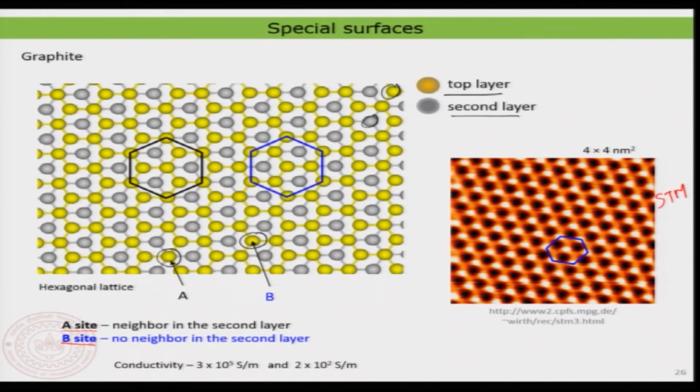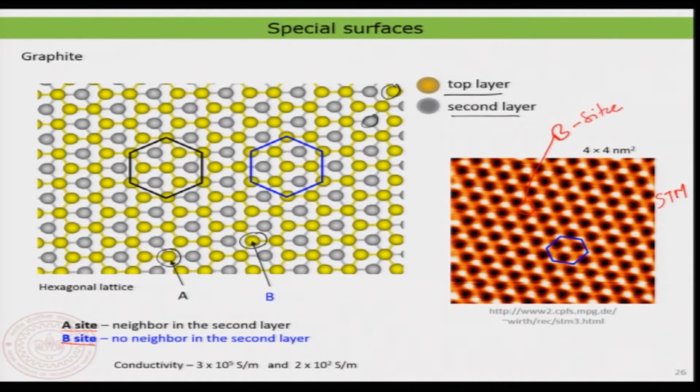Now, if I connect the A type atoms together and the B type atoms together, then I can actually just draw two hexagons easily on the surface. The interesting thing is that in the STM topograph, the bright dots are only the B site atoms.